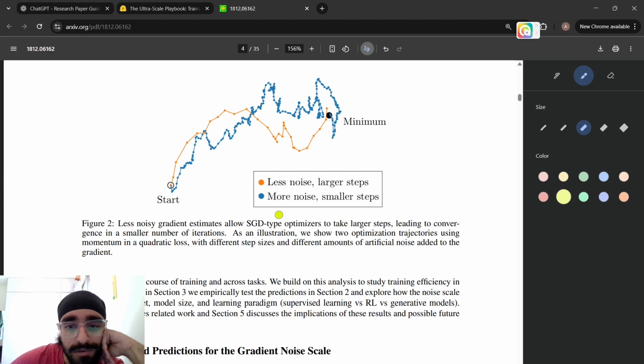Less noisy gradients allow SGD type optimizers to take larger steps, leading to convergence in a small number of steps, like momentum in a quadratic.